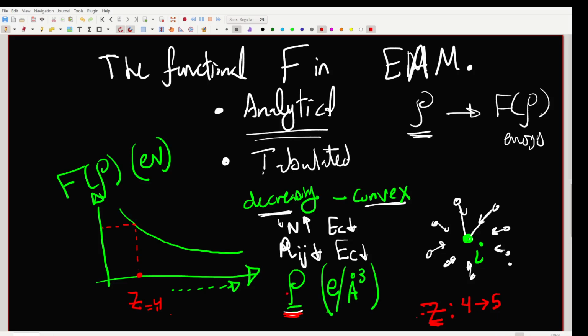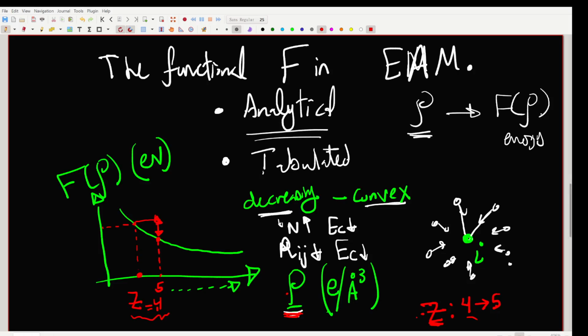Z is the number of neighbors, and it's a discrete quantity, 4, 5, 6, 7, 8, and so on, while rho is an electronic density, and it's a continuous function. But suppose that this is the rho that represents tentatively 4 neighbors. Then if you go to 5 neighbors, which is here, there will be a reduction in energy, a gain in cohesion.